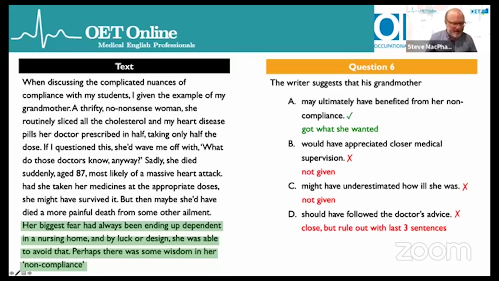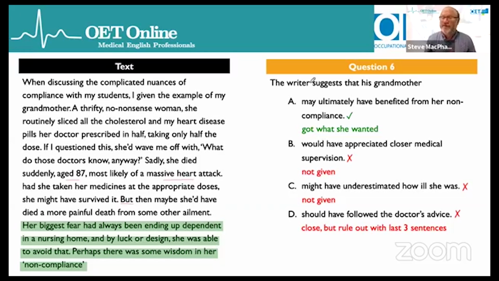And we have to look out for this word here when we're reading. This word here, but, is a bit of a clue because it says here, she died aged 87 of a massive heart attack. Had she taken her medication at appropriate doses, she might have survived it.